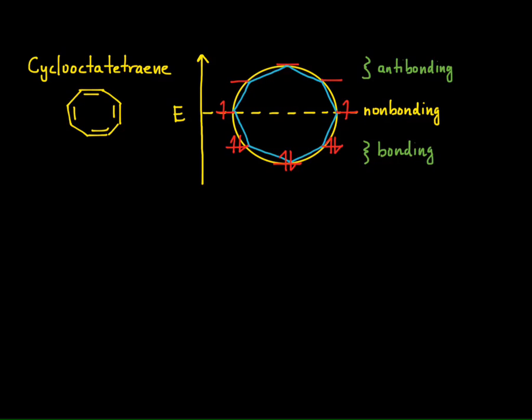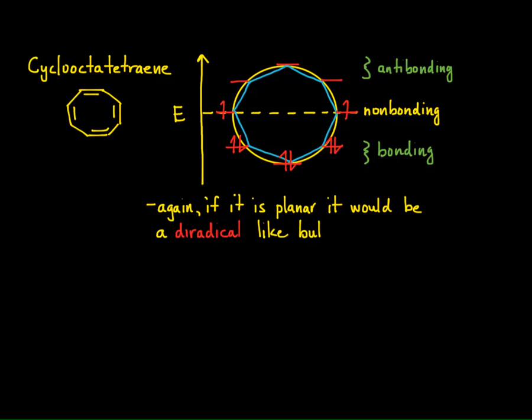So in this particular example, it looks at first glance very similar to butadiene in that it should behave as a diradical if it satisfies all of the other requirements, being cyclic, planar, and conjugated, right?